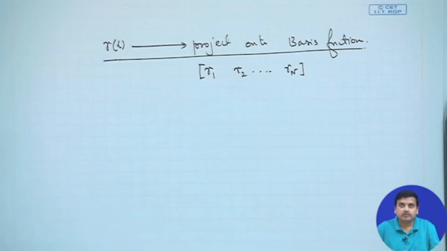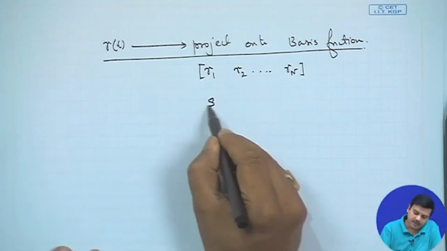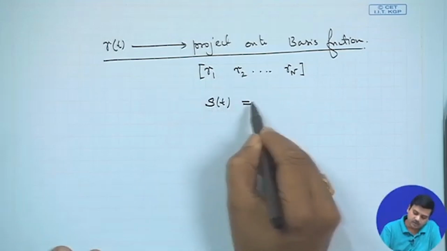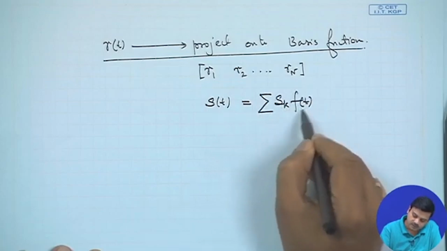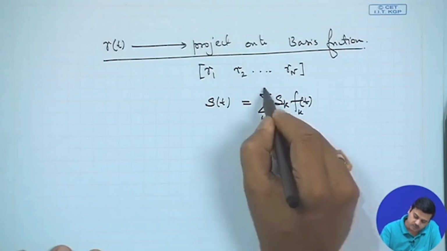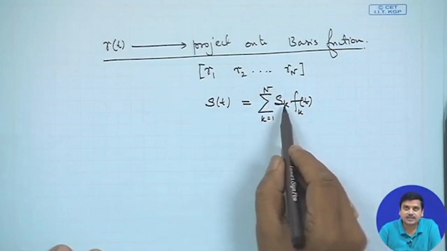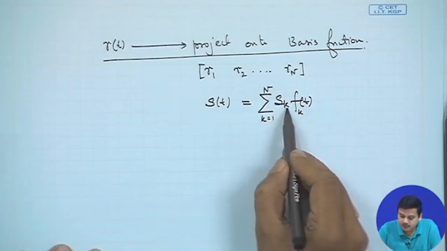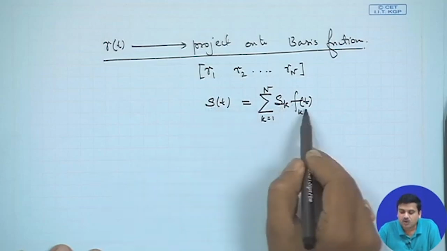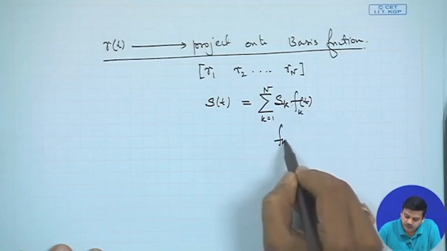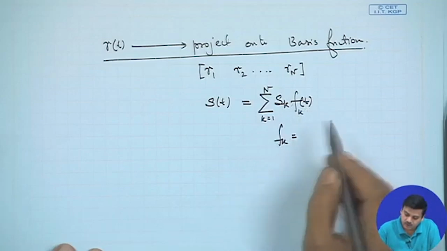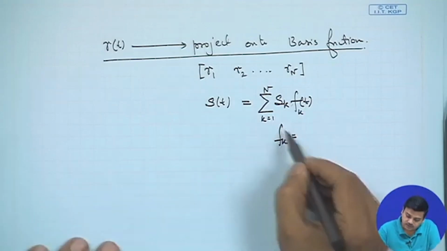Now, at this point we should also remember that given a particular signal S of t, we said that S of t could be expressed in terms of its coefficients, k equals 1 to n, where Sk is the component of the signal on the particular orthonormal basis function Fk.